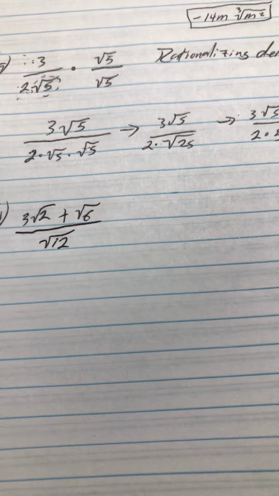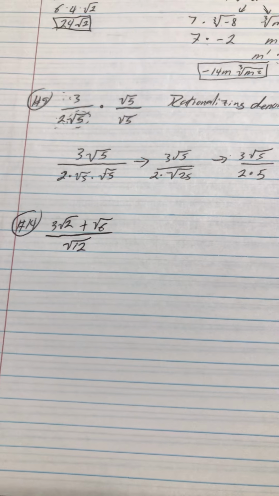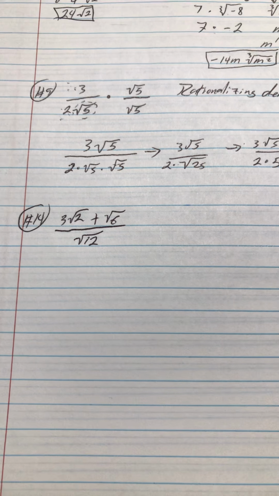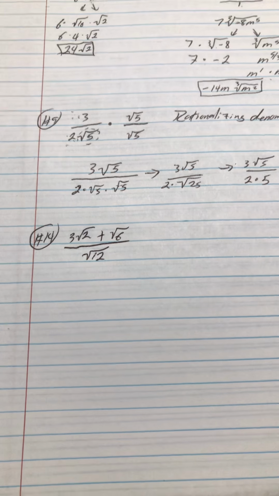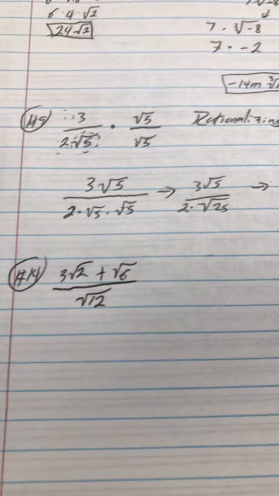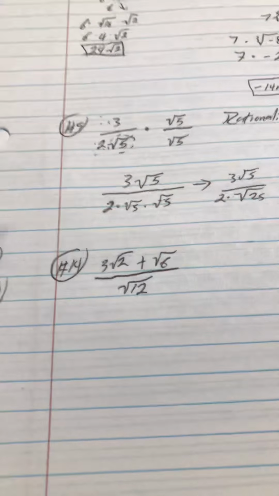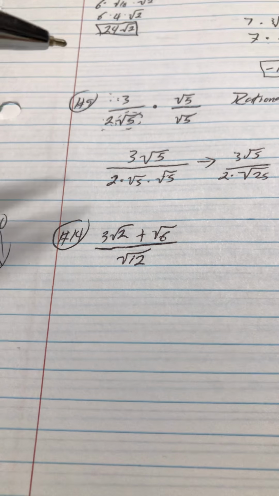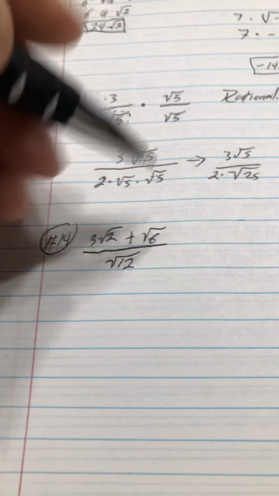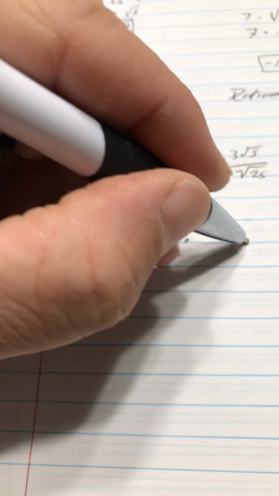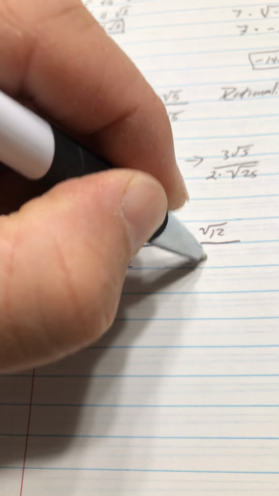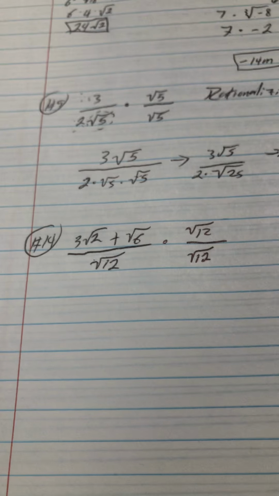And again, you have the power to stop and replay and put in slow motion on YouTube, so use that to your advantage if you have to. So here it goes. What you're going to do is take the square root of 12, multiply both top and bottom by square root of 12.